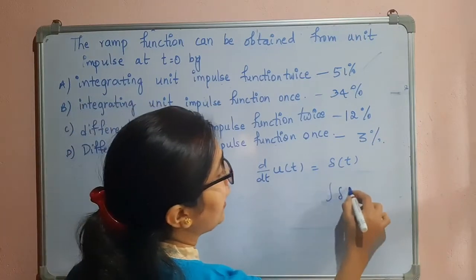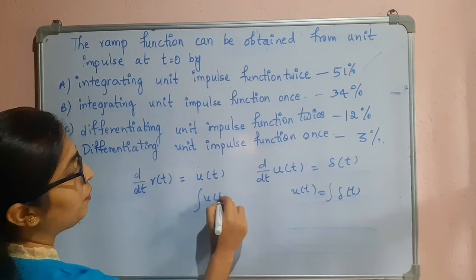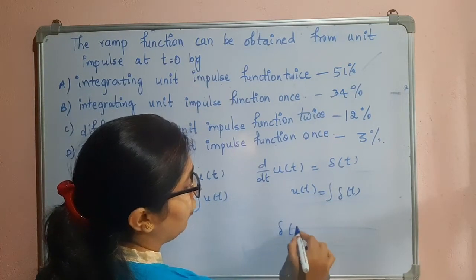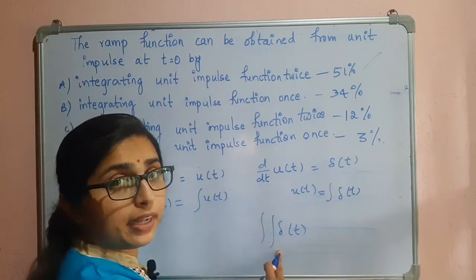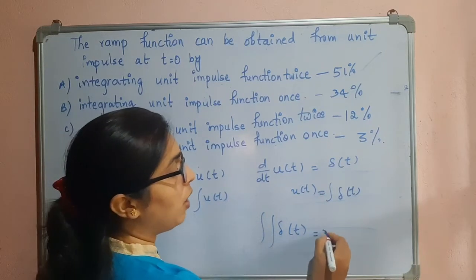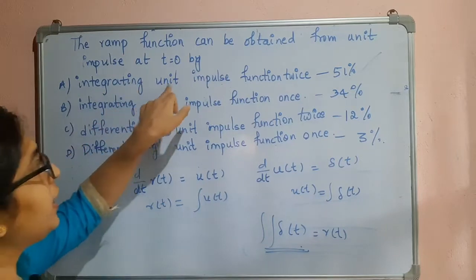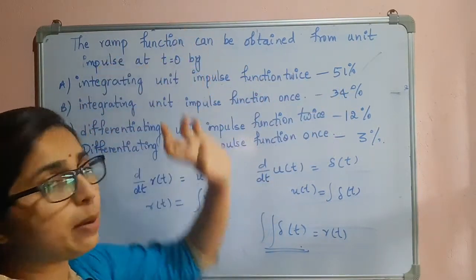If I integrate delta of t, I will get u of t, and if I integrate u of t, I will get r of t. That means if I integrate this twice, one integration gives you u of t, and another integration gives you r of t. So this is integrating twice. So integrating unit impulse function twice gives you the ramp function.